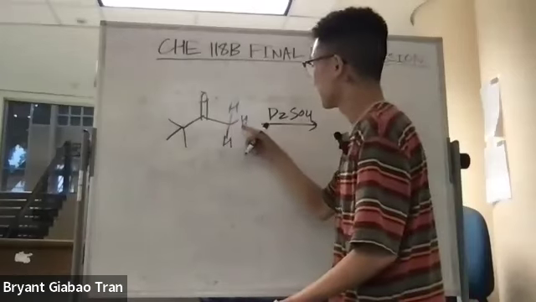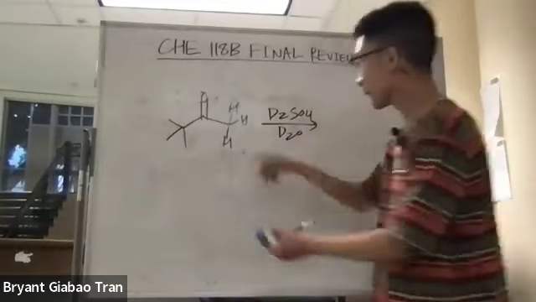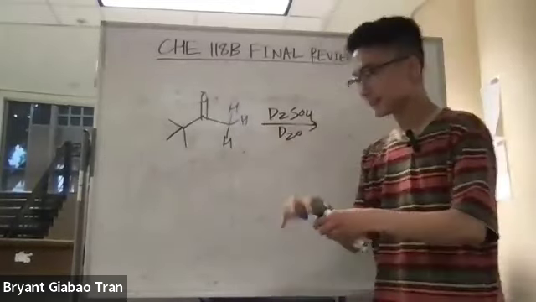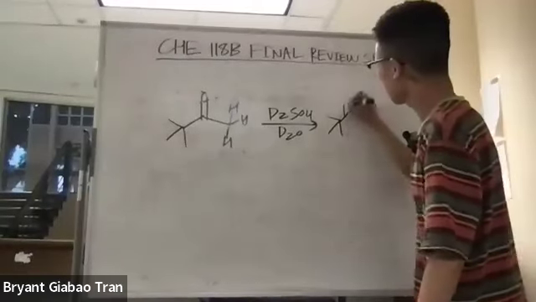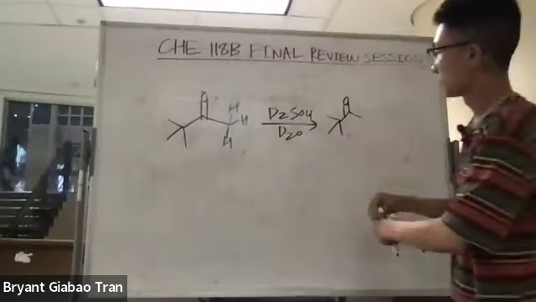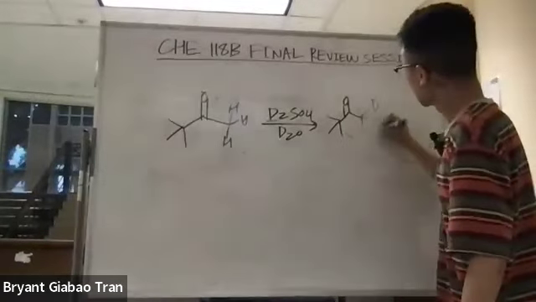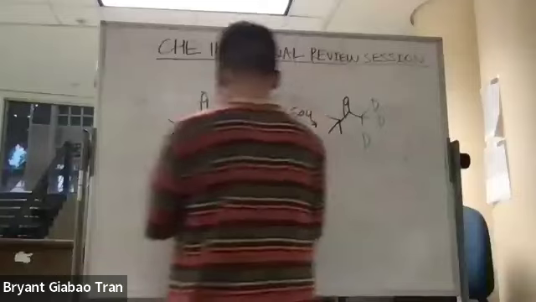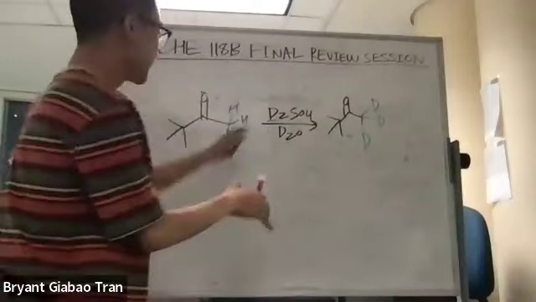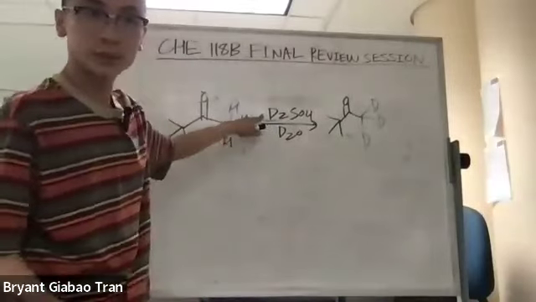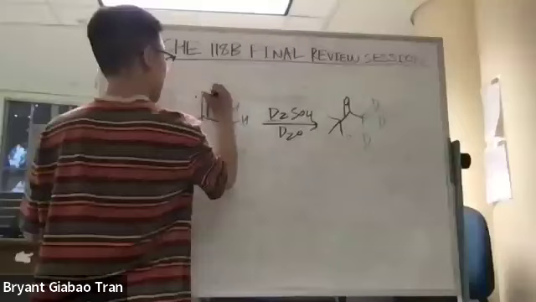We're going to substitute all of the alpha hydrogens with deuterium, like this, D, D, D. So here's the mechanism. This D2SO4 is like H2SO4, it's a strong acid. It's going to protonate the most basic atom here, the carbonyl oxygen.